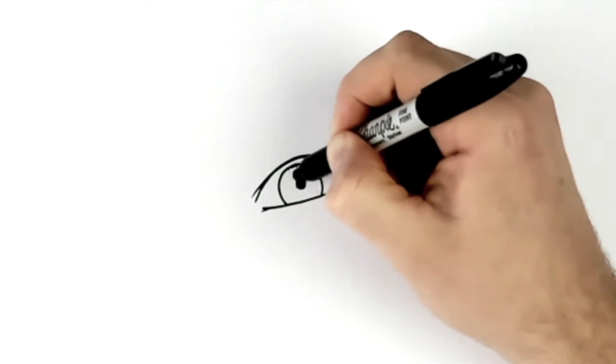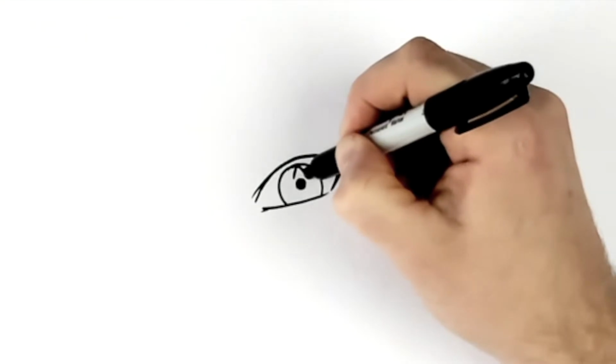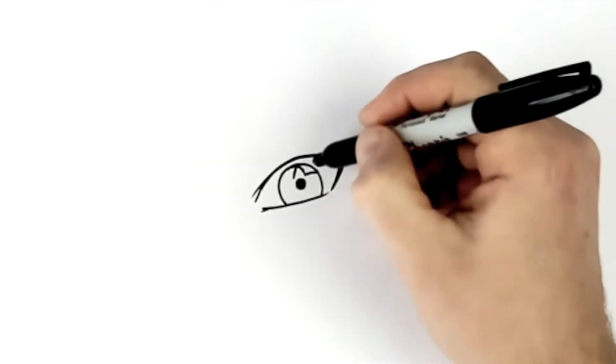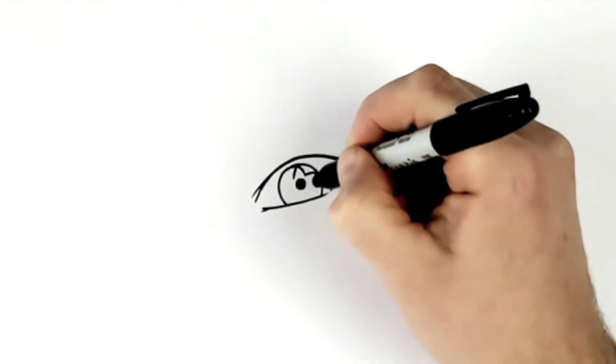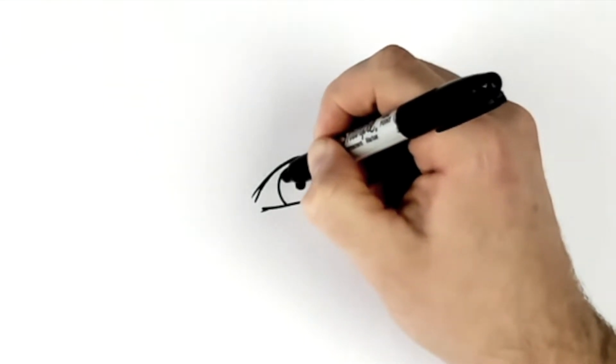So, but we'll go up this way, down to there. Okay, and then we'll do the next one. Right, so these arms sort of sticking off the side. Another one here.